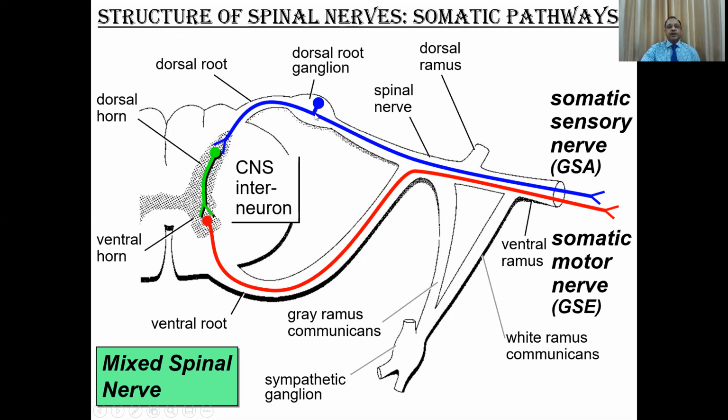This is a sensory pathway, and it proceeds peripherally in the mixed spinal nerve, whereas the motor root arises from the ventral horn of the spinal cord and then comes out, goes along the ventral root, joins further the sensory nerve, and then proceeds further as a mixed spinal nerve. I will be coming to this picture again when I explain how the sympathetic nervous system is anatomically disposed.